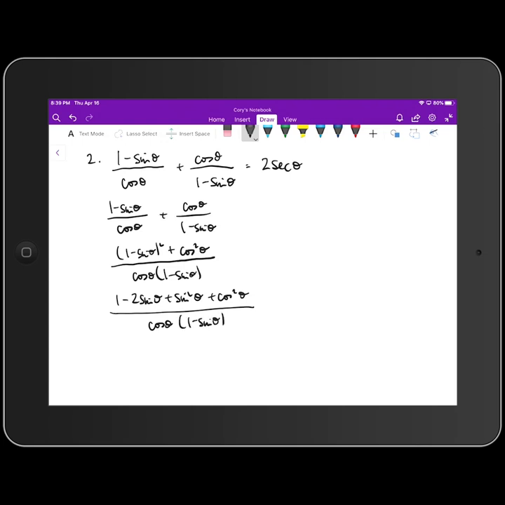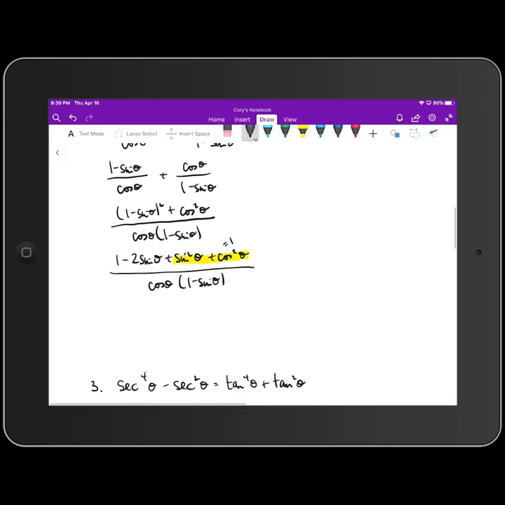And again, just like with the previous example, we have that expression sine squared plus cosine squared, which we know is equal to 1. So when I combine like terms in the numerator, we get 2 minus 2 times the sine of theta over the cosine of theta times 1 minus the sine of theta.